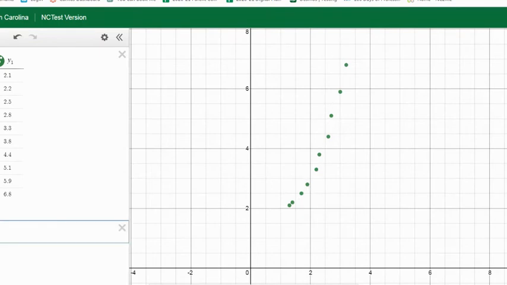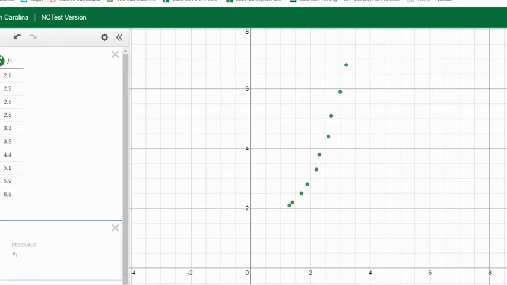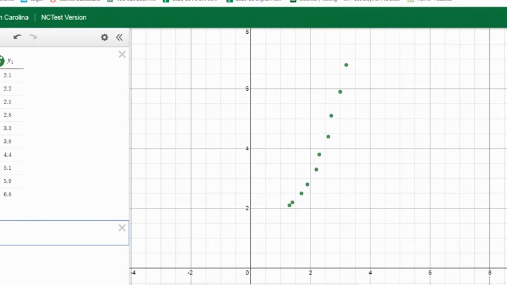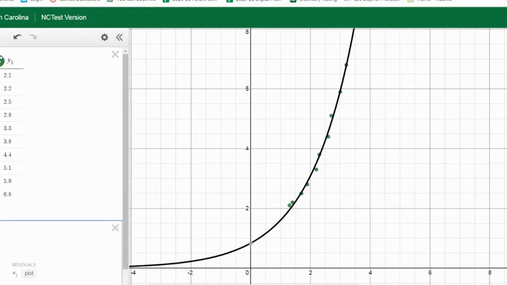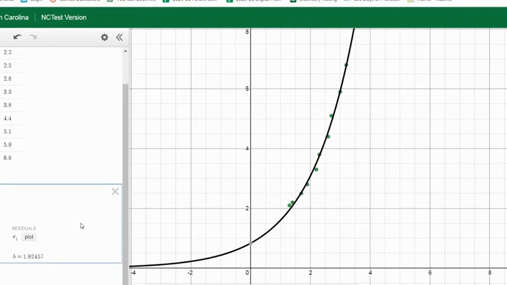So instead of typing in a linear function, when I do y1, I'm going to do y1 and my tilde. And since this looks exponential, not linear, I have to do an exponential equation, which is a times b raised to the power of x1, because I'm pulling from my data. So here, this is my coefficient a, and this is what goes in the parentheses with x as the exponent.